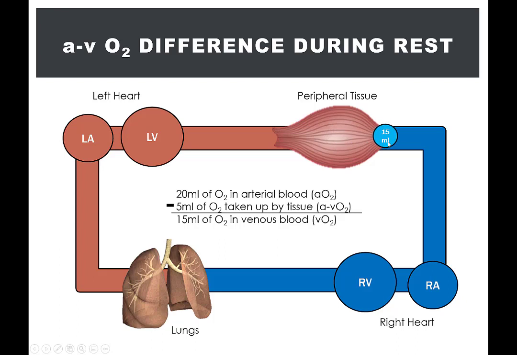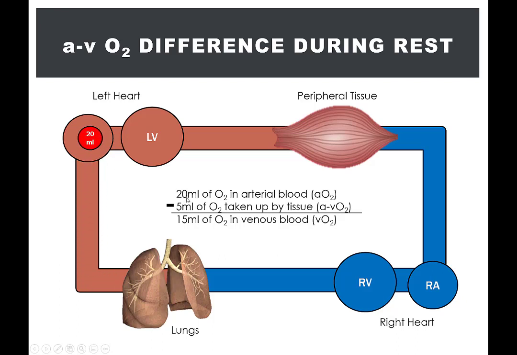And that will return to the right side of the heart through the right atrium, subsequently pumped into the right ventricle, subsequently pumped to the pulmonary system, where this venous blood will be reoxygenated nearly 100% back to 20 milliliters per deciliter of blood. And the cycle will continue.